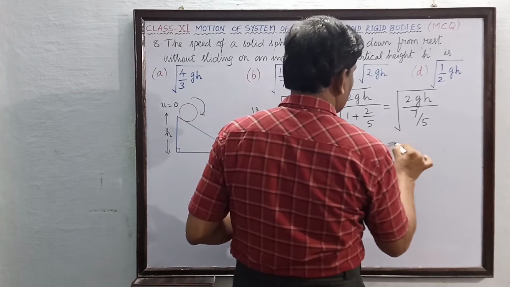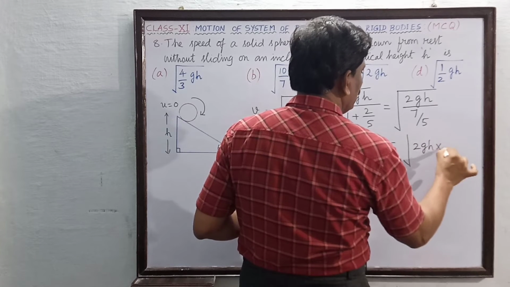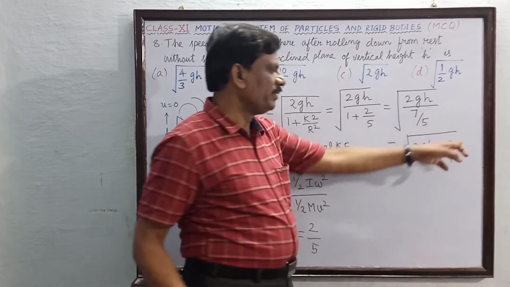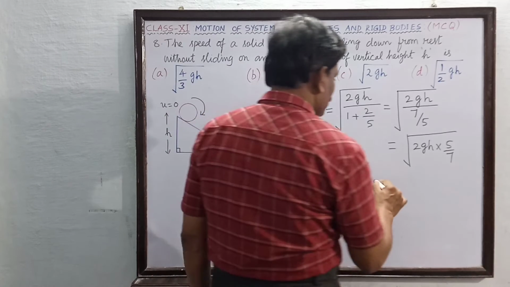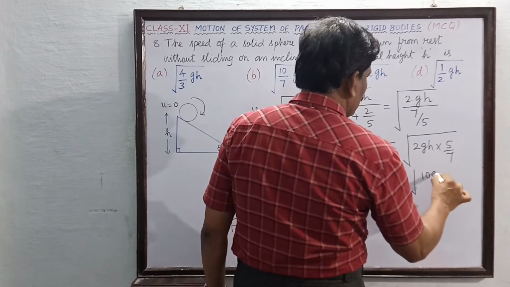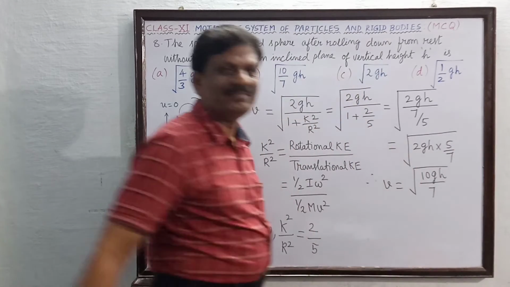So this is also equal to square root of 2gh into 5 by 7. Now 5 into 2 is how much? 10, right? So 10gh by 7. Therefore v is equal to square root of 10gh divided by 7.